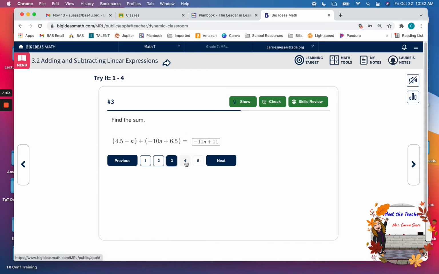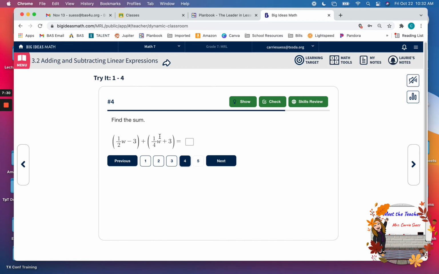All right, number 4. We're dealing with the same thing, it's just fractions now. What is a like term here? Joel. 1/2 and 1/4. Yes, the 1/2 W and the 1/4 W. Why are those like terms even though the fractions are different?